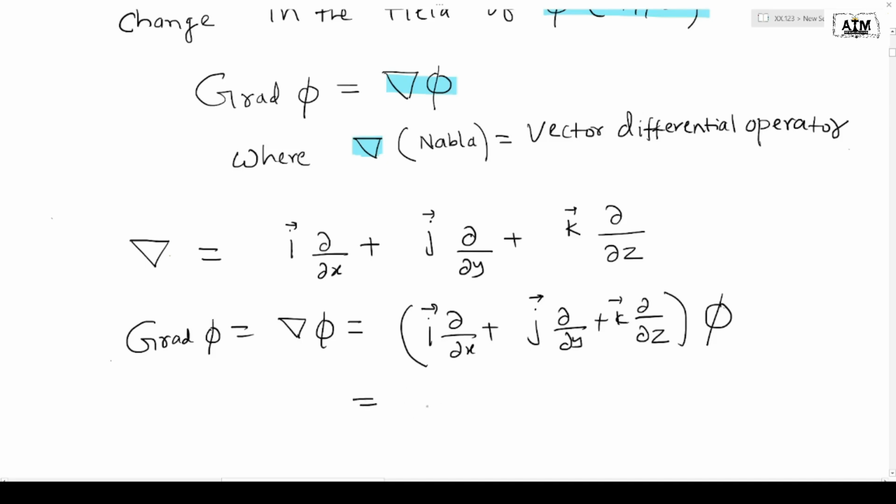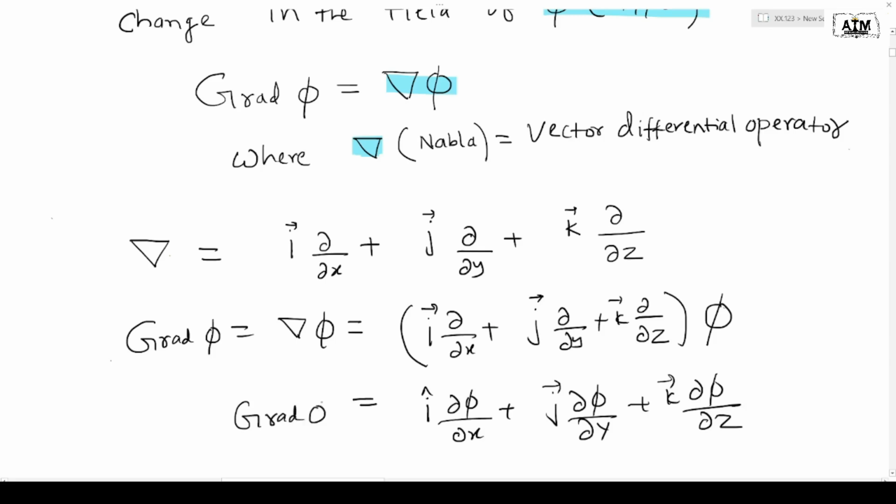So this equals vector i dou phi upon dou x plus vector j dou phi upon dou y plus vector k dou phi upon dou z. This is equivalent to gradient phi.